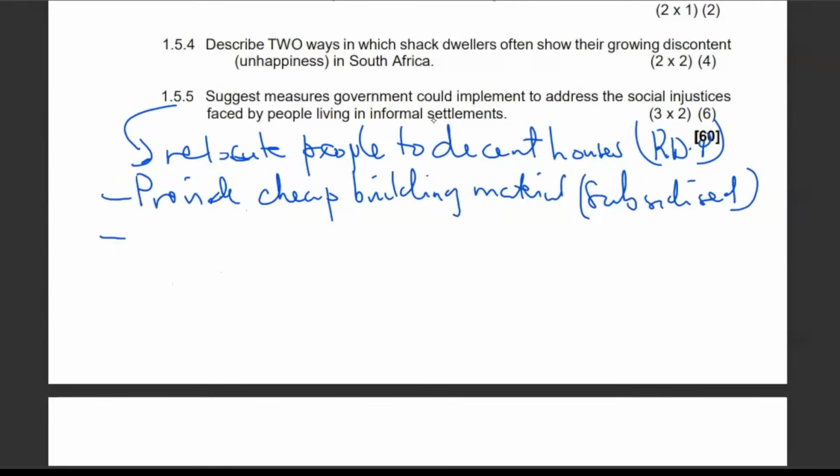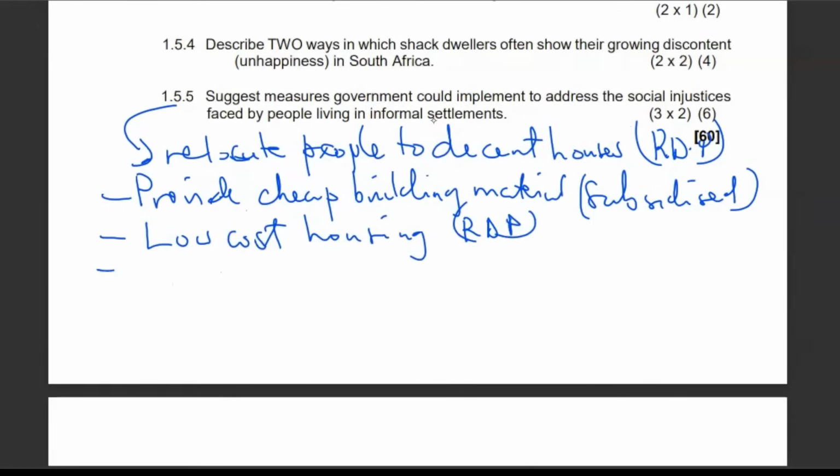We can also talk of low-cost houses. The government must try to engage in low-cost housing, e.g. through the RDP. The government must try to establish housing units which are low-costing.